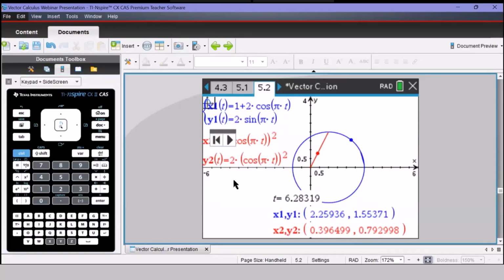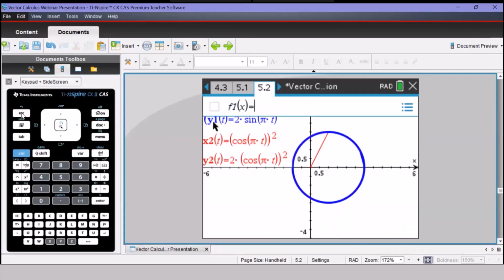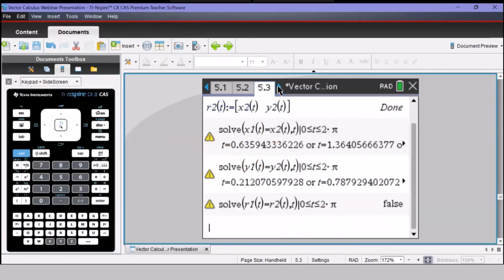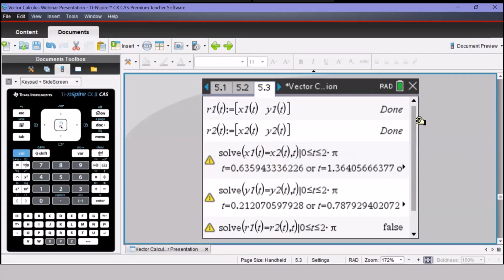Press escape, get out of that. We can now go to a more formal analysis, not really showing you anything different from the basic mechanics that I've shown in previous examples. We're now just building on what we did in the first example. We can assign r1 of t to be x1 of t i plus y1 of t j.